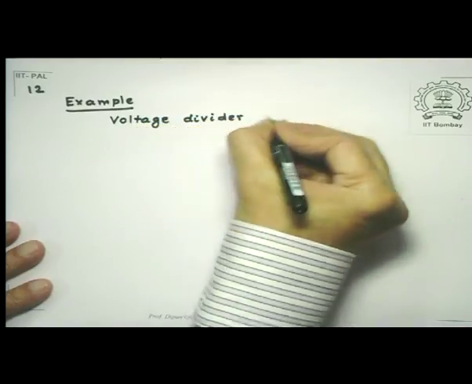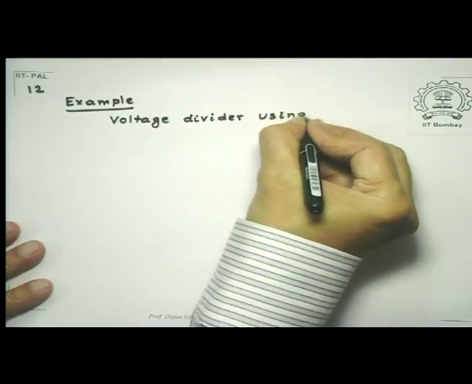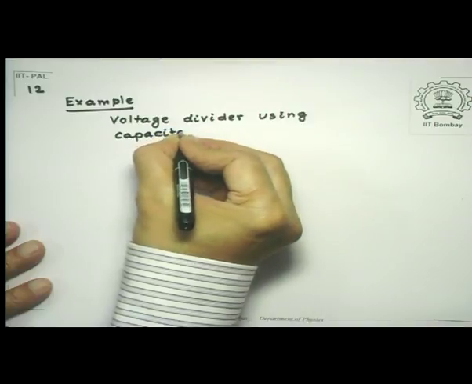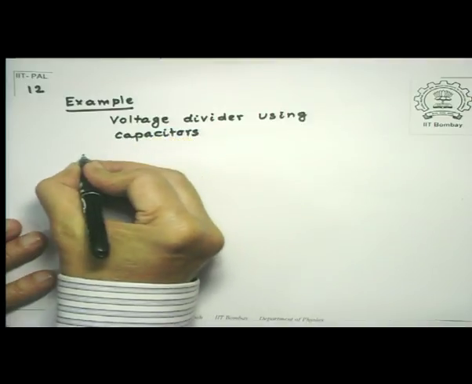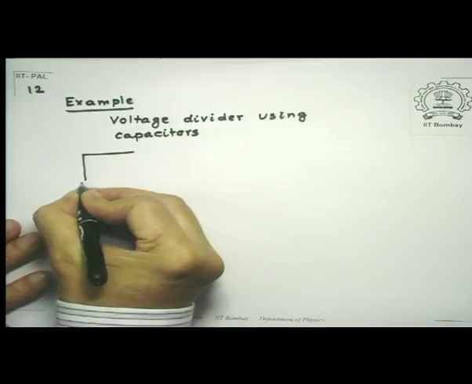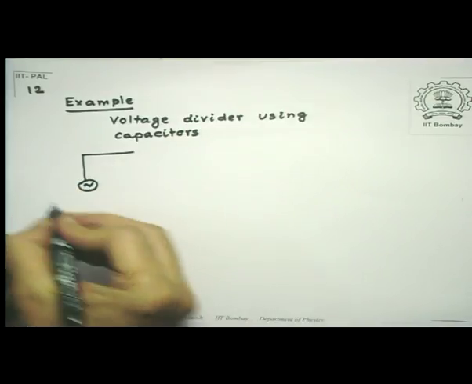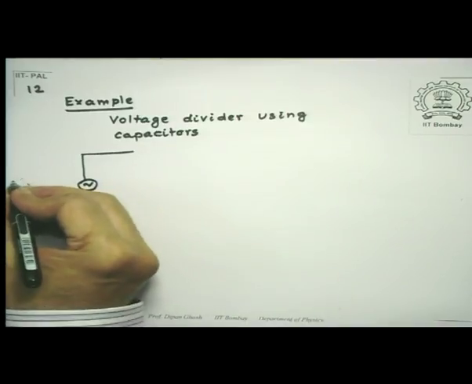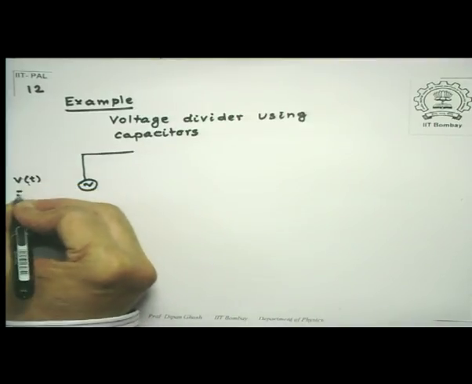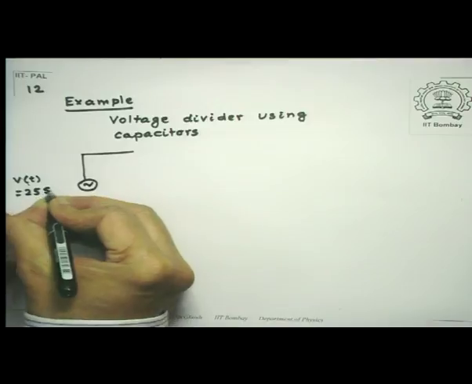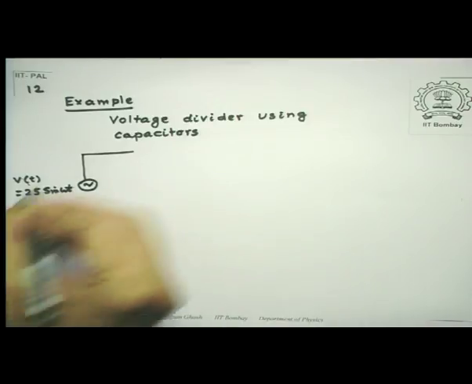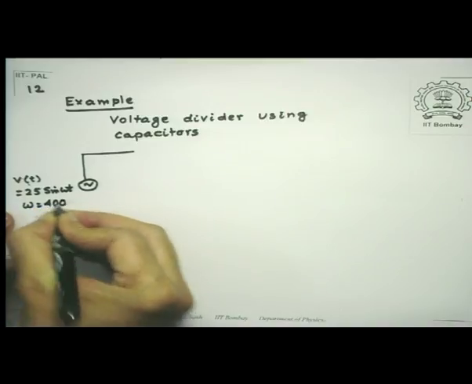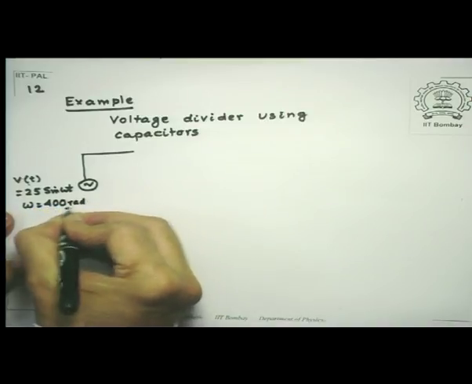So this is a voltage divider using capacitors. Here also I use two capacitors in series. This, as usual, is Vm sin omega t. Let me take V of t to be equal to 25 sin omega t as before, and omega I will take to be 400 radians per second.